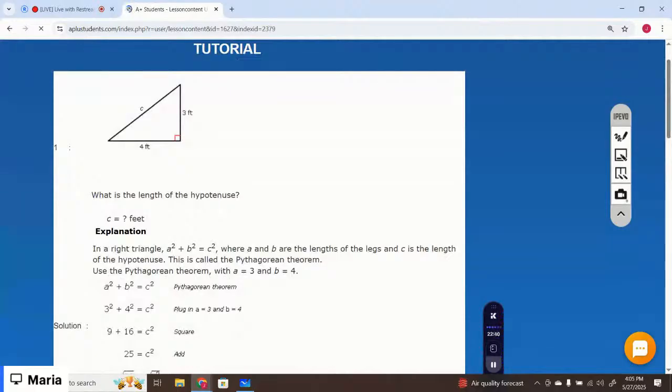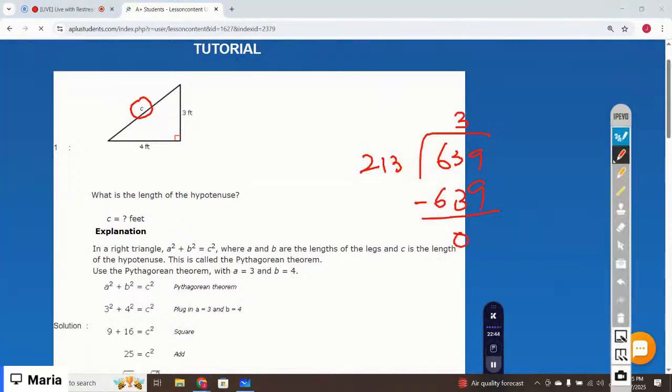We need to find this hypotenuse, that is C, from the two sides. We use the Pythagorean theorem: C square equals A square plus B square. Just replace the values. A is 3, B is 4, 3 square is 9, 4 square is 16. 9 plus 16 is 25.